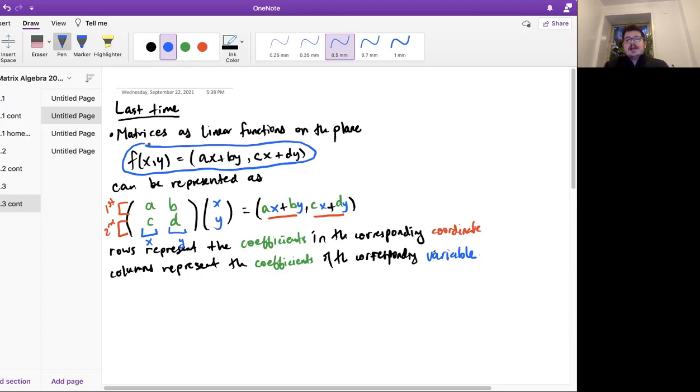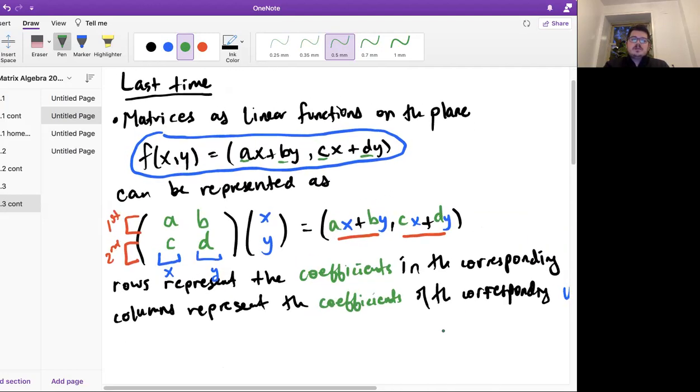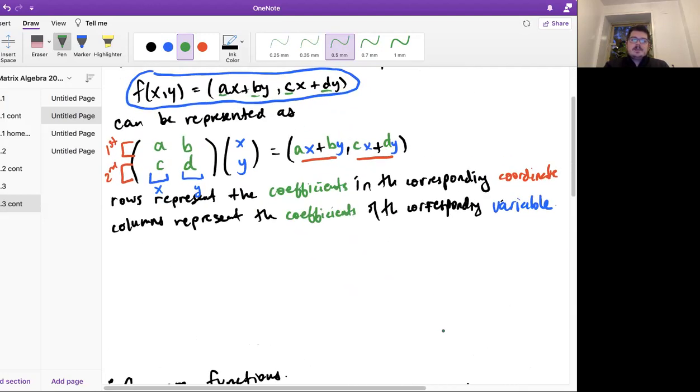Your input is x and y, and the output is some combination of x's and y's. The way we constructed this was, if we construct a matrix based on the coefficients of the variables in each coordinate, then this is a representative of the function as a matrix, which is really nice. So this is how we defined it.